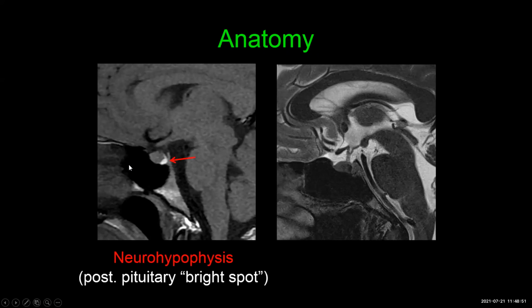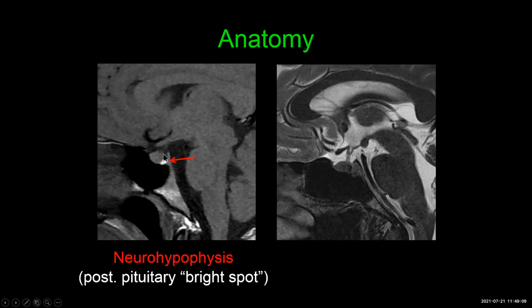And if we go a little bit deeper into this, that little bright spot in the back is really the posterior gland, which is called the neurohypophysis. The anterior part of the gland is called the adenohypophysis, and these secrete different kinds of hormones.